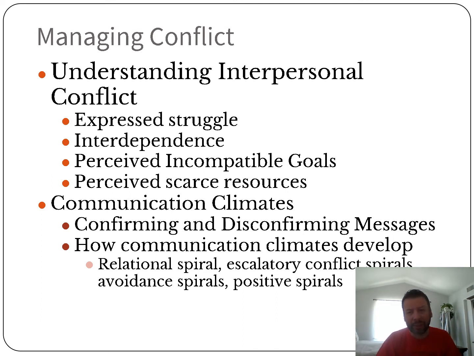And then perceived scarce resources. This is the idea of having very little to do what you want. Let's go back to the example of burgers versus pizza. We only have $10, right? And we can't both do what we want. Either that $10 can go to pizza or that $10 can go to burgers, but it can't go to both, right? So what are we going to do? We don't have enough money to do both. The resources are very scarce, right?